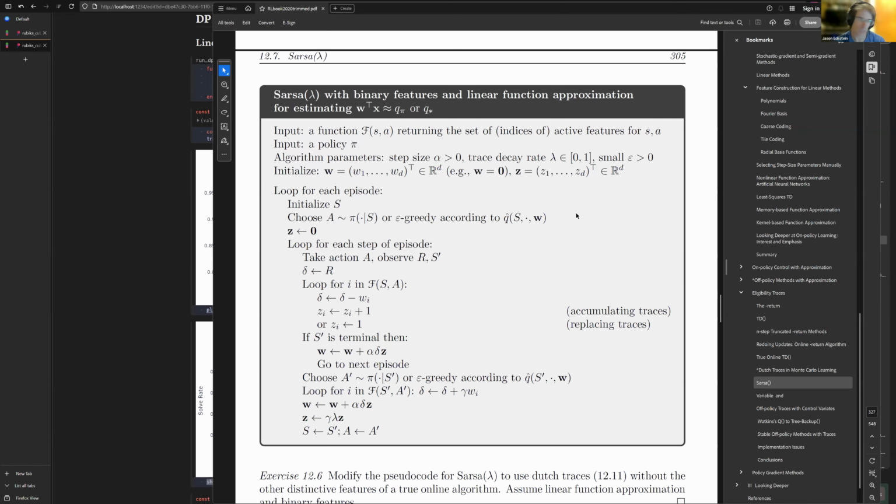So if we have a state, we generate a distinct value estimate for all of the actions. And the reason we do that is so that we can do this policy improvement step where we choose the greedy action. Now, because the problem is deterministic, we know that when these transitions occur, there's only one transition.